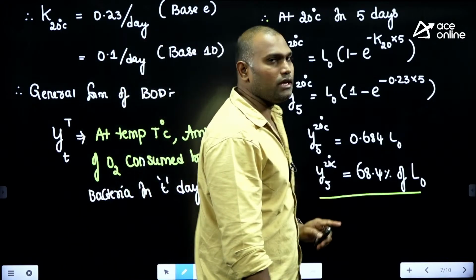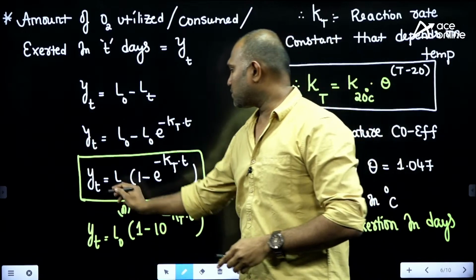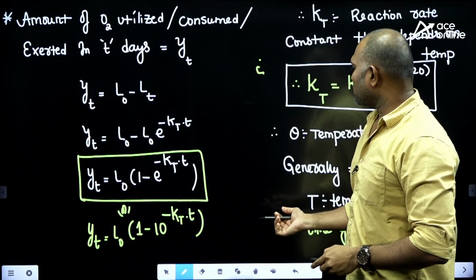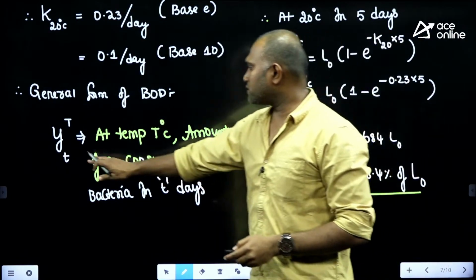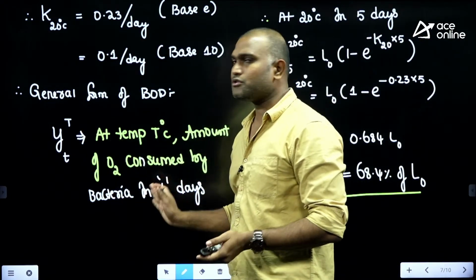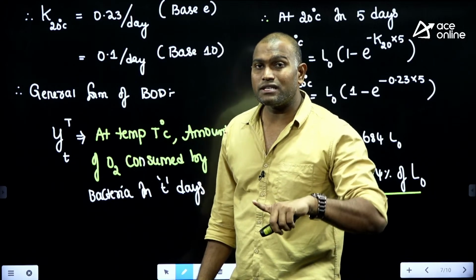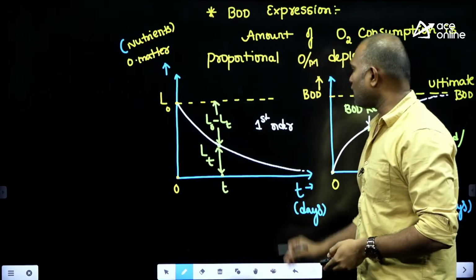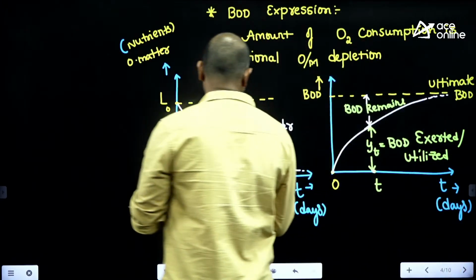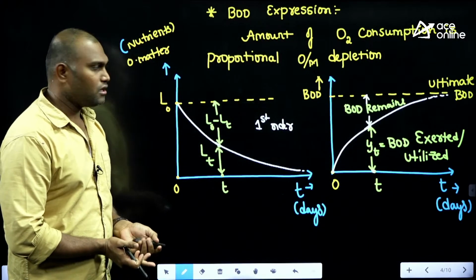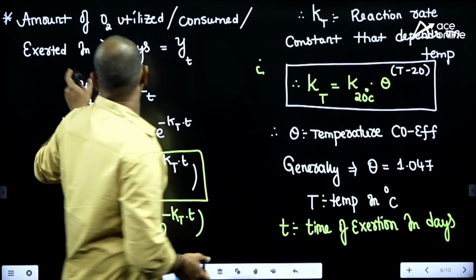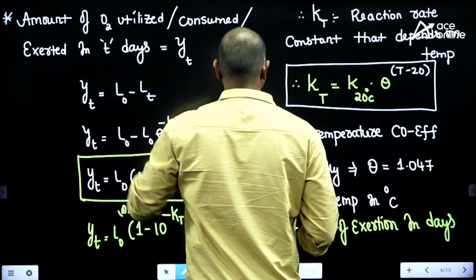What is the BOD expression, YT? So which means in time 5 days, this much amount of oxygen is consumed. Then how much amount of oxygen is left or remained? The amount of oxygen left, that is BOD remained, is known as LT. So just like I mentioned, the amount of oxygen utilized is L0 minus LT.